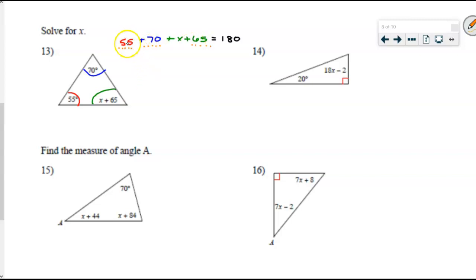When I get 55 plus 70 plus 65, give you a second, probably need to type that into your calculator. Yes, 190, very good. Don't forget we still have our x, right? So 190 plus the x is still equal to 180.